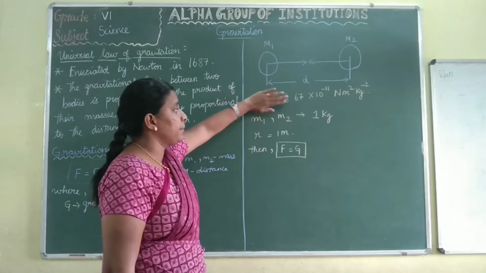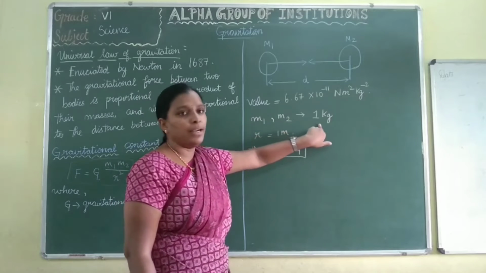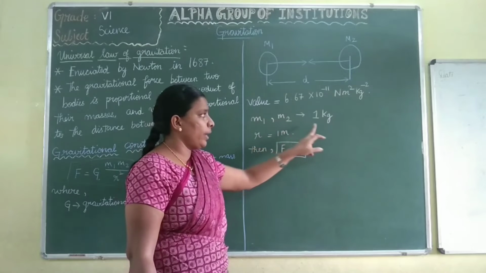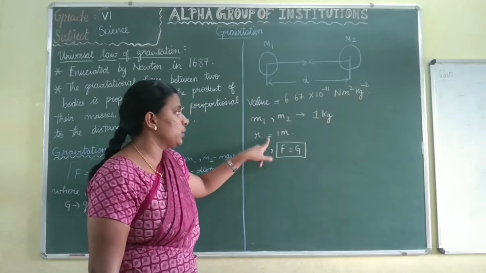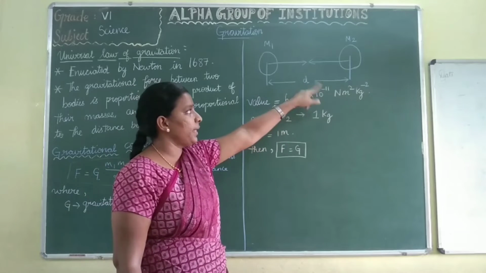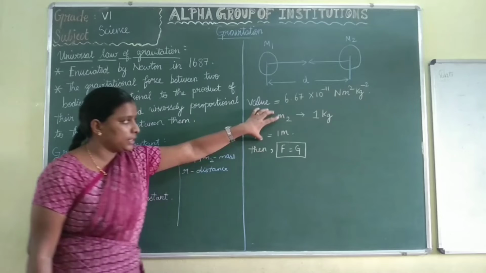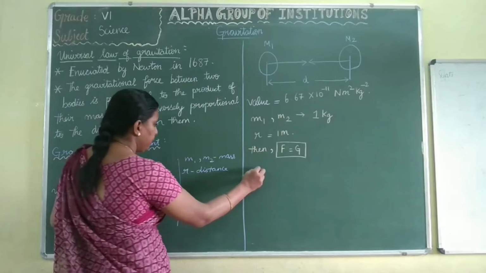Before taking up the values, mass 1 and mass 2 are taken as 1 kg. For example, I am just assuming mass 1 and mass 2 are 1 kg, and r, which is the distance, is 1 meter. If I substitute these values, what will happen?